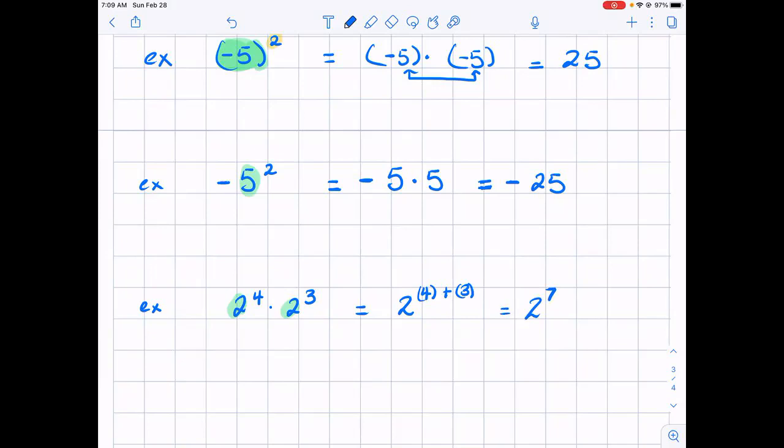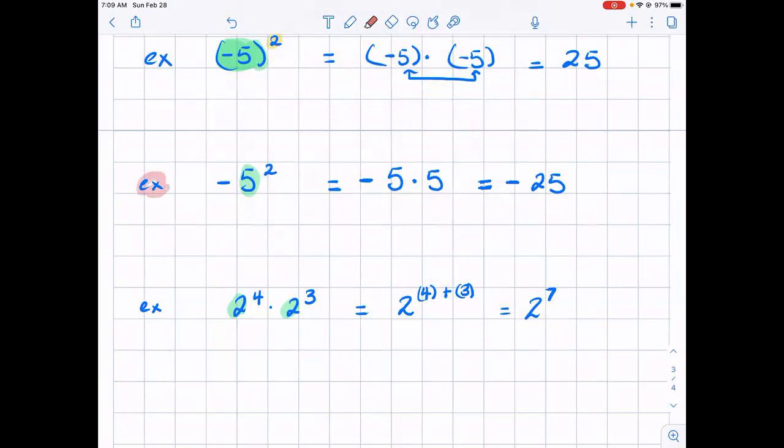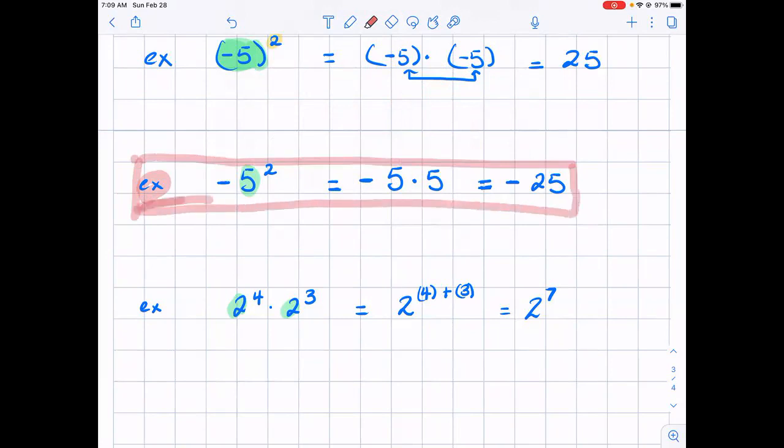So the way we write this here is a red flag. This example here is very, very important because most times when we see this, we think that because the power is even, the answer will be positive.